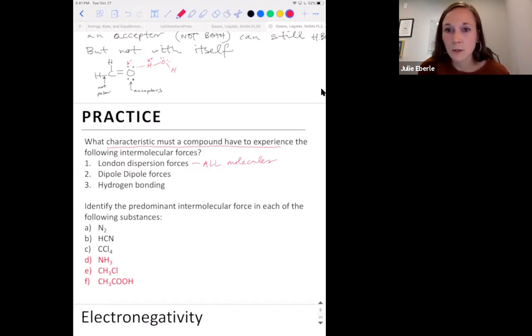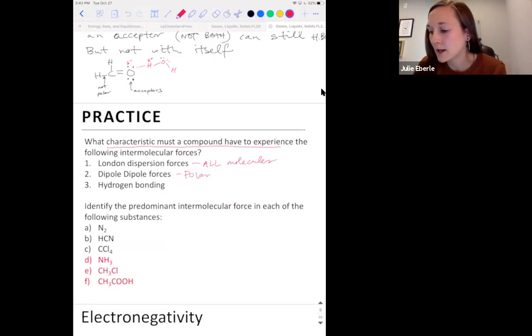Dipole forces. To experience dipole forces, what kind of molecule do you have to be? Anybody remember what we said? Polar. Yes, you have to be polar. You have to have a permanent dipole, okay? Positive region and a negative region.